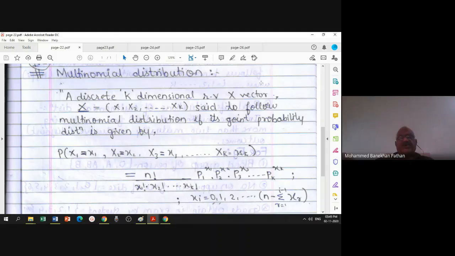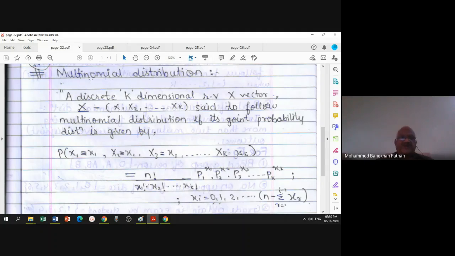We know a dice has 6 possible outcomes. A dice is nothing but a cube, and a cube has 6 different faces. So in this experiment, I will not have two results, I will have more than two results. Whenever a random experiment has more than two possible outcomes in every trial, then the corresponding experiment can be analyzed using a multinomial distribution.